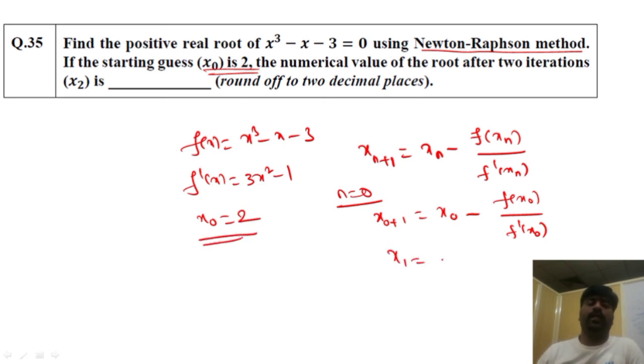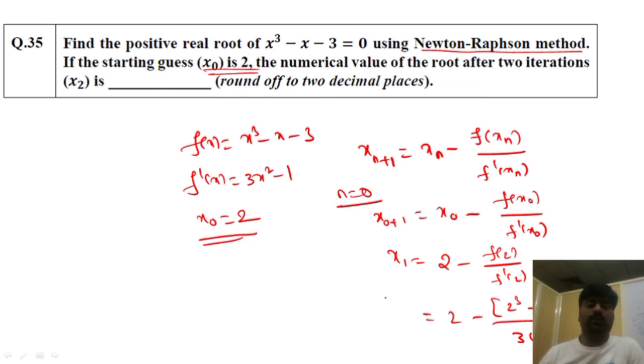Therefore x1 will be x0 = 2 minus f(2)/f'(2). Substituting, 2 minus (2^3 - 2 - 3)/(3 into 2^2 - 1). 2 cube is 8, 8 minus 5 is 3.